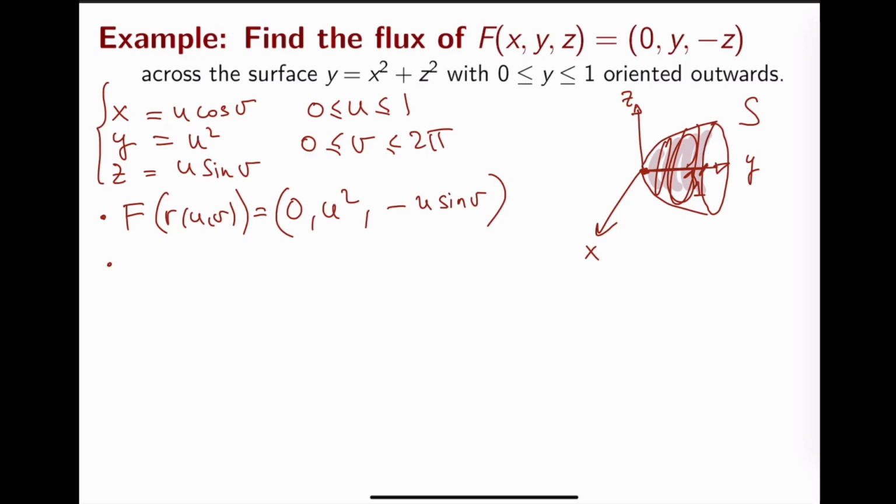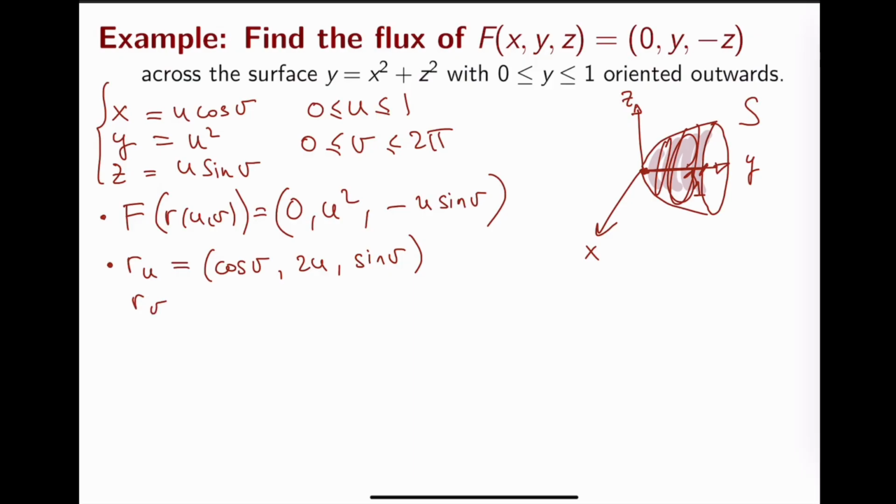And now the two things that we are going to need, as before, is Ru, that is going to be the derivative of the parametrization with respect to u. So in this case the derivative here with respect to u is going to be just cosine v, here with respect to u is going to be 2u, and here with respect to u is going to be just sine v, that acts as a constant, right?